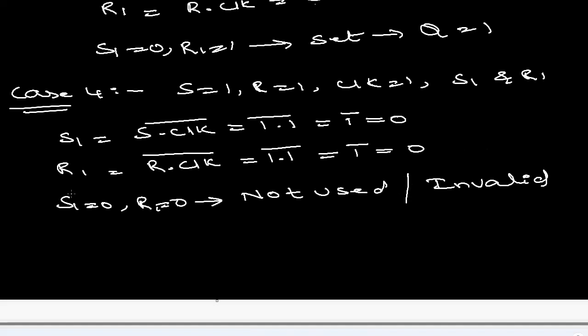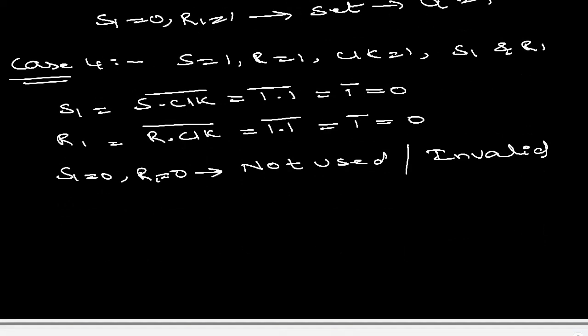So all the 4 cases we derived here. Now we have to write the truth table. Now I completed all the 4 cases. So the truth table for SR flip-flop, the inputs are S, R, Q and Q bar.